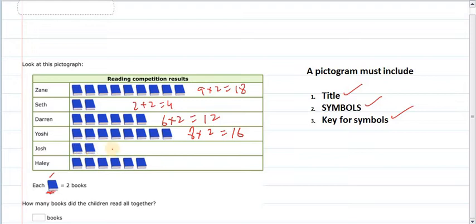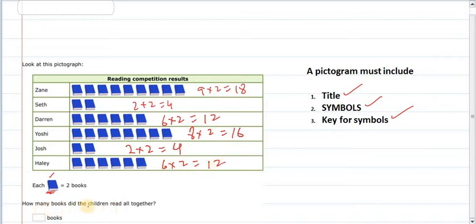For Josh, 1, 2, and each one represents 2, so it is 2 times 2. For Heli, 1, 2, 3, 4, 5, 6 pictures. So the total number of books is 6 times 2, because each one represents 2, which is 12.